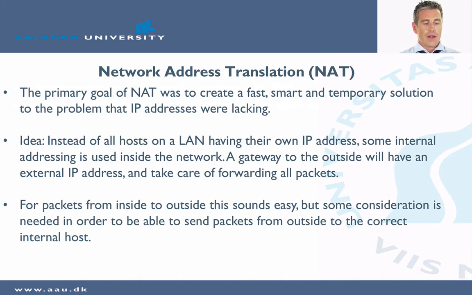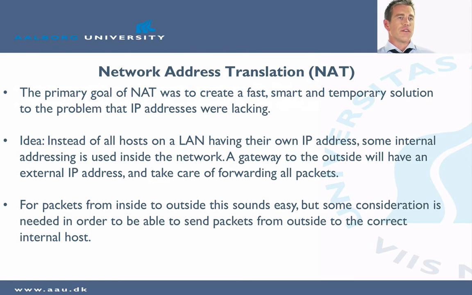For packets coming from the inside to outside, this is actually quite easy because you just have to adjust the source address. But some consideration is needed in order to send packets from outside to the correct internal host. And all this mechanism is what we'll be looking at in this video.